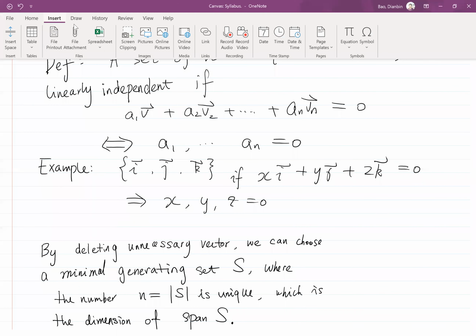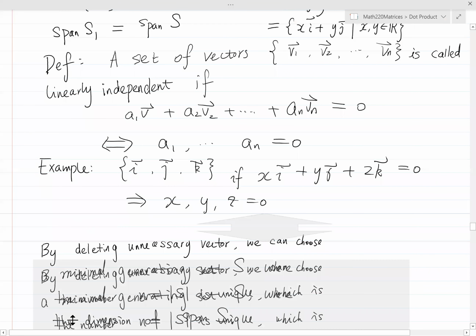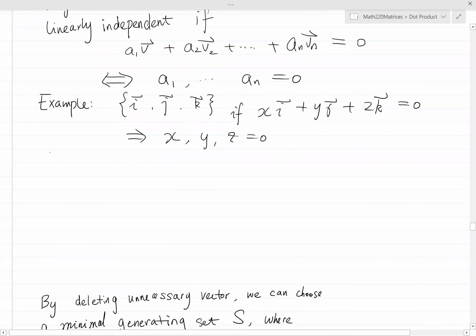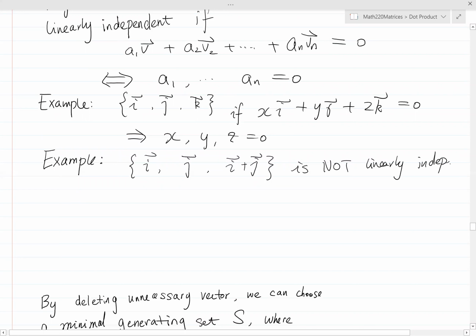Let's give one example that is not linearly independent. The set i, j, i plus j is not linearly independent; it is linearly dependent, because we can choose some coefficients.